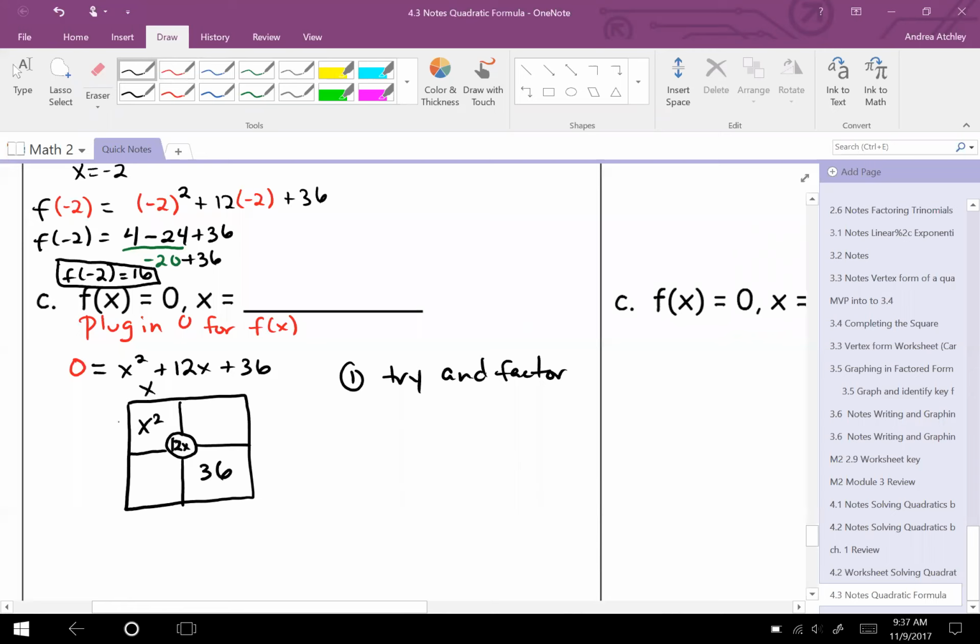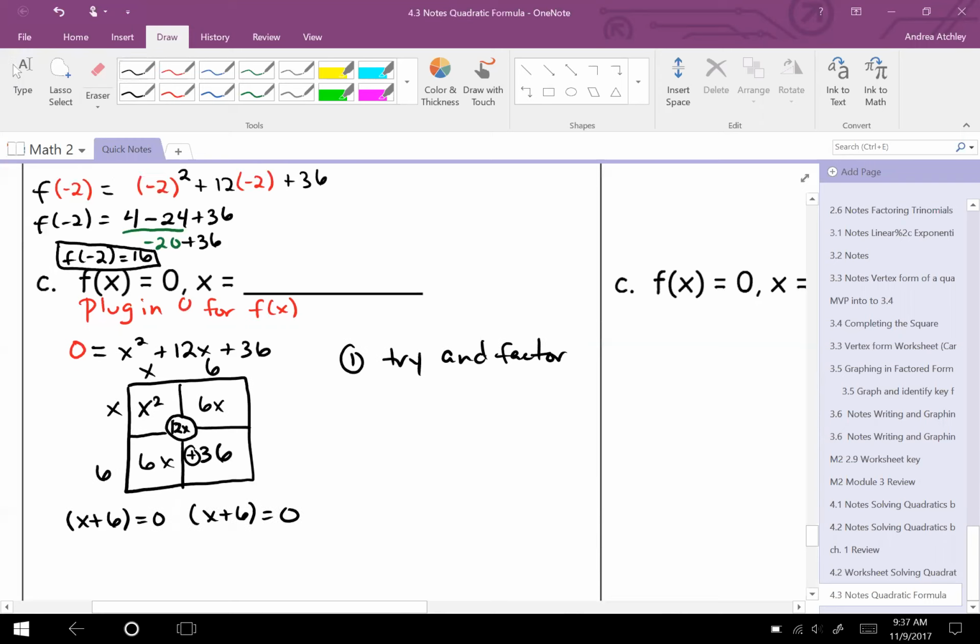So it's going to be x times x. What multiplies to 36? 6 times 6. So that'd be 6x. This is 6x. If I add them, do I get 12? Yes. So then I have x plus 6 equals 0, and x plus 6 equals 0.